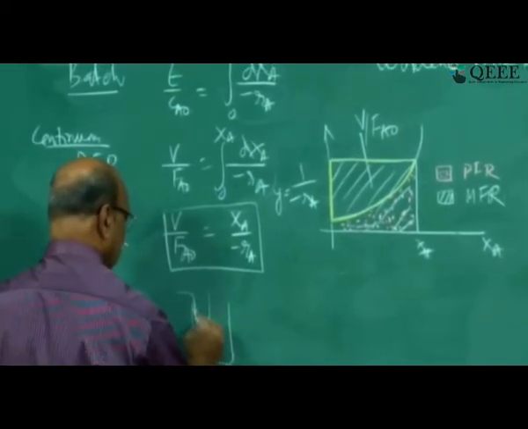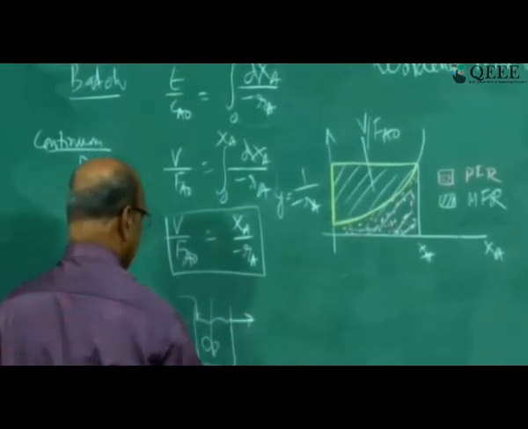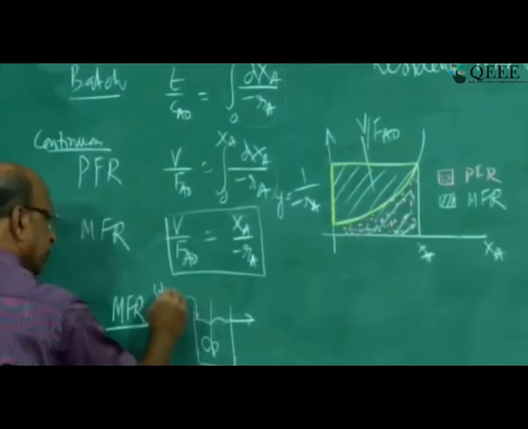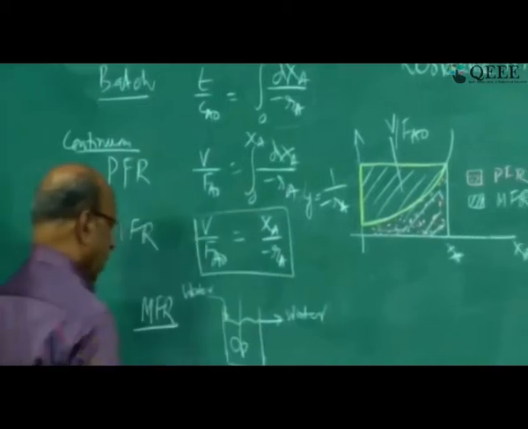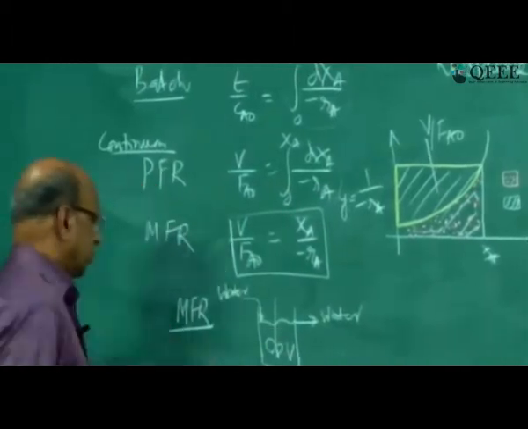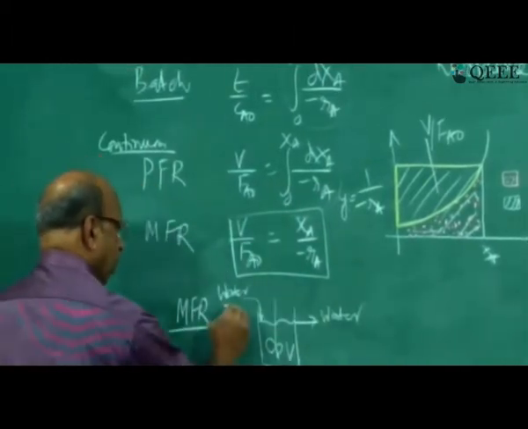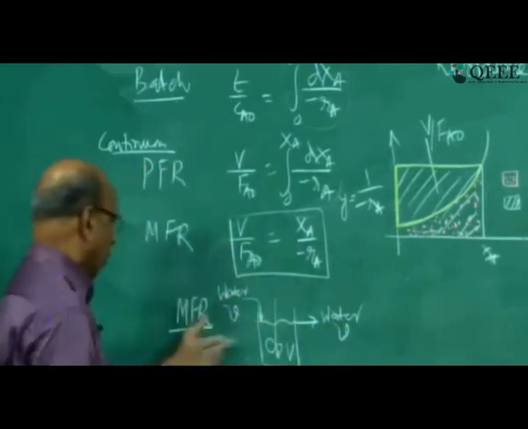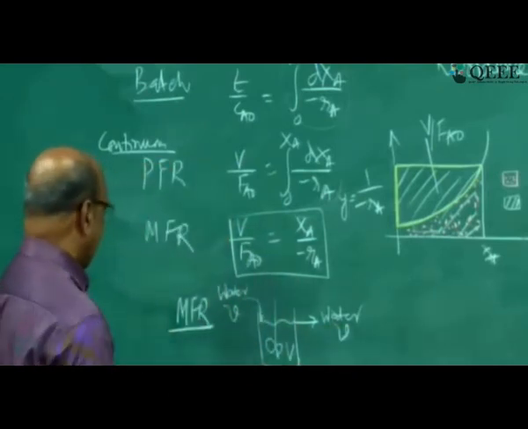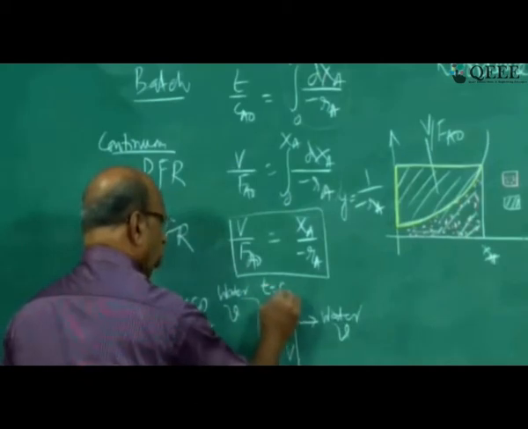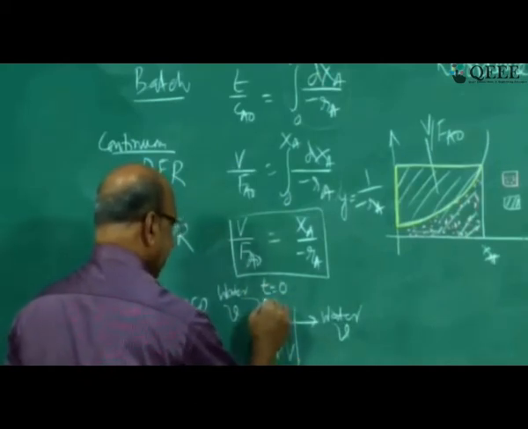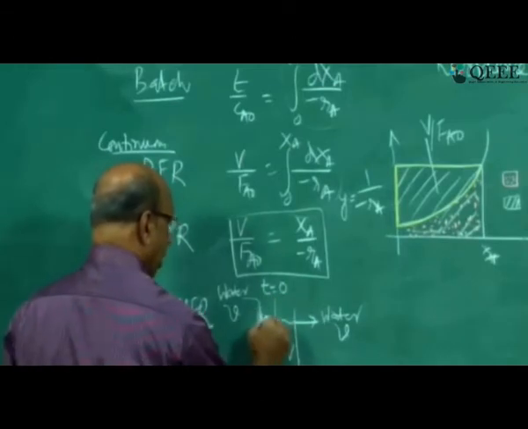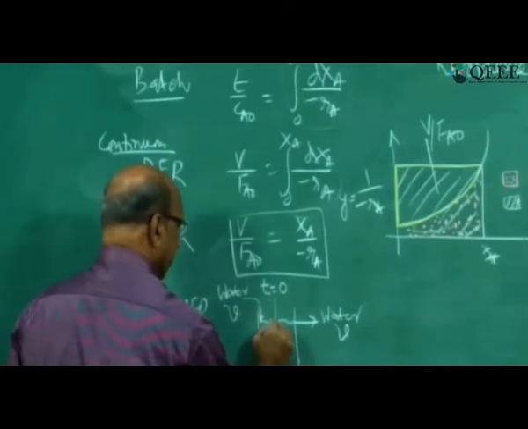Water I am continuously pouring. Water is coming out. So I have volume V, and I also have a volumetric flow rate, so many liters per minute entering there. So now at time t equal to 0, I am putting a drop of ink, a drop of tracer we call, one drop put at time t equal to 0.